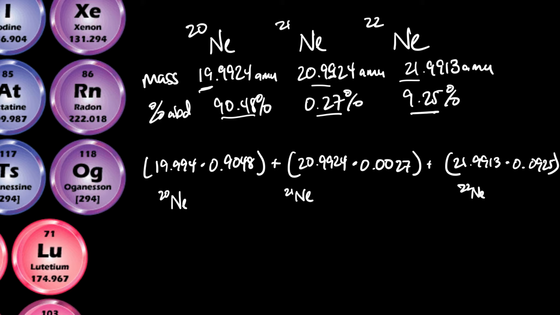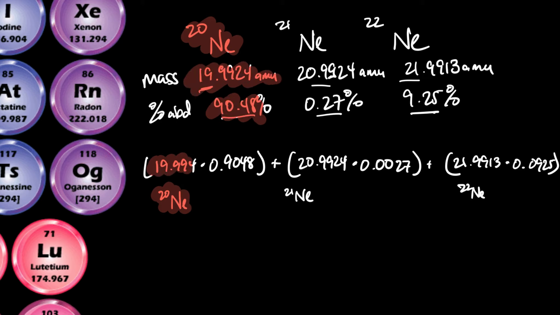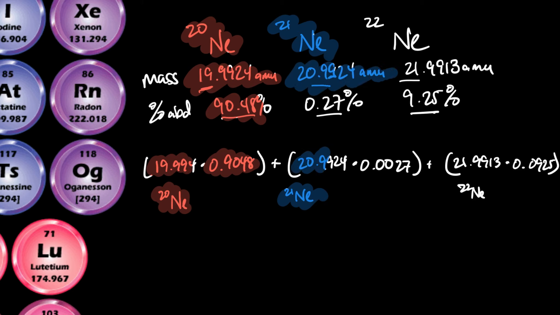So we have neon 20, here is its mass, here is its percent abundance, and then I changed it to the decimal version. Here is neon 21, here is its mass, here's the percent abundance, and I changed it to the decimal.